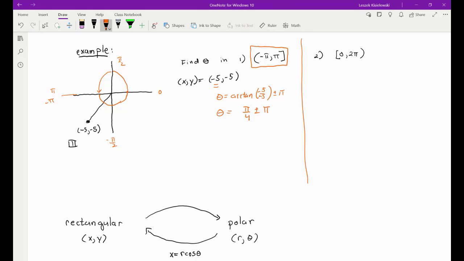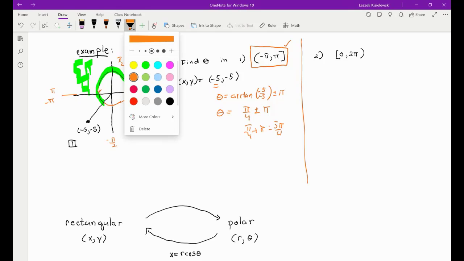Subtract, right. If you took pi over 4 plus pi, of course, then you would get 5 pi over 4, so that's not in the correct range. What that would represent would be the measure to our segment here, starting at the positive x-axis going counterclockwise. So that green measure would be 5 pi over 4.